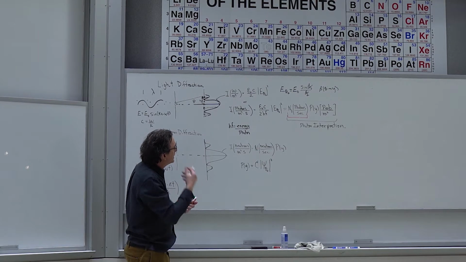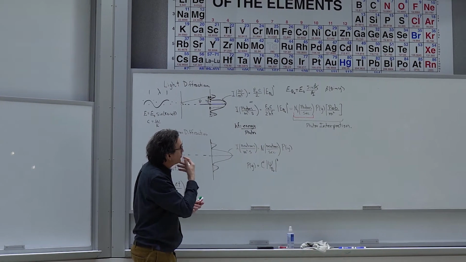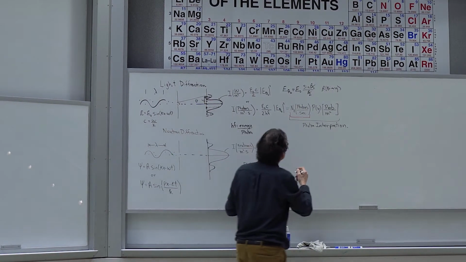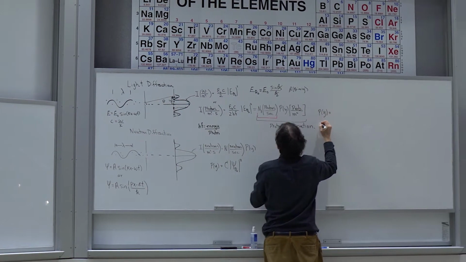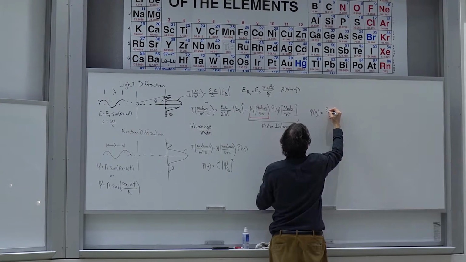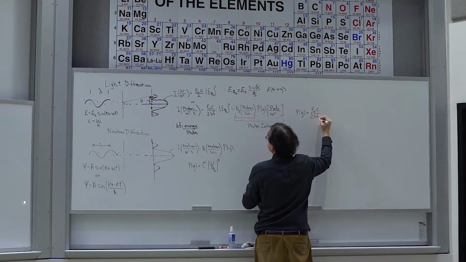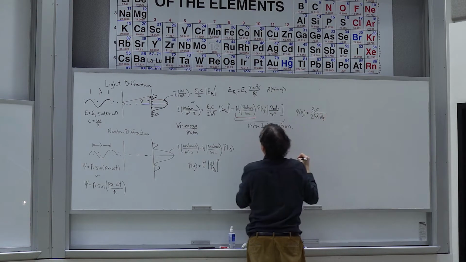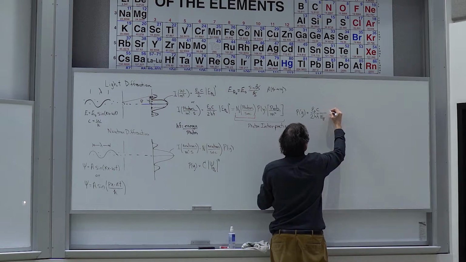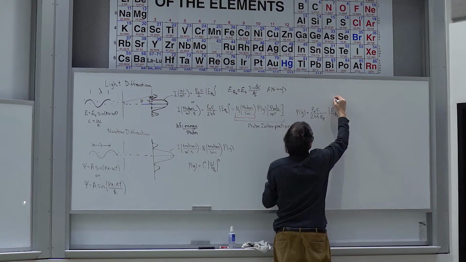So now I solve this for probability, and I get that the probability P of y is equal to a bunch of constants, which I don't care about right now, though people sometimes like to have them in there to study later in their notes, times the electric field amplitude squared, which is a function of y.